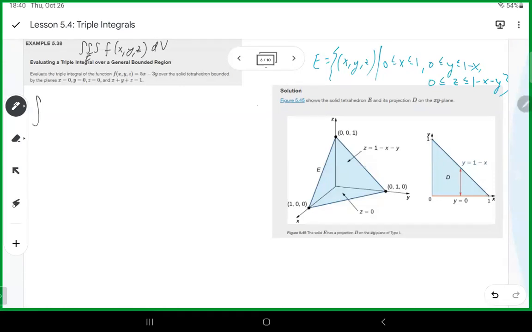You certainly should and may and probably should do it, but I am not. And I do apologize for that, but I'm trying not to make our notes absurdly long. All right, 5x minus 3y, and then it's going to be dz dz dy and dx.